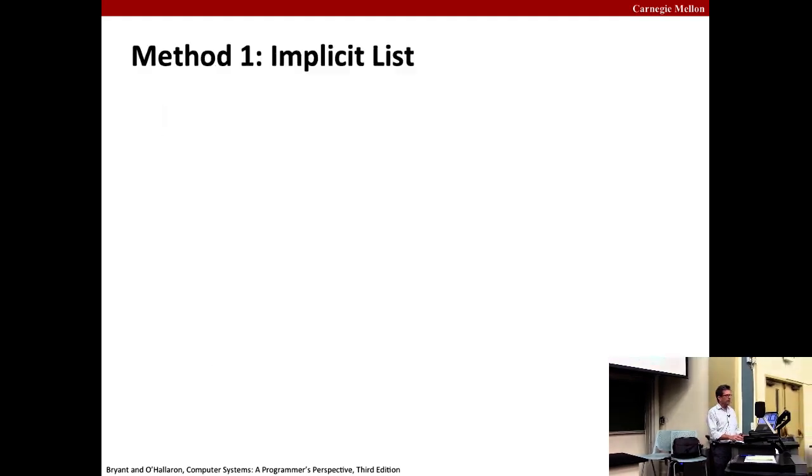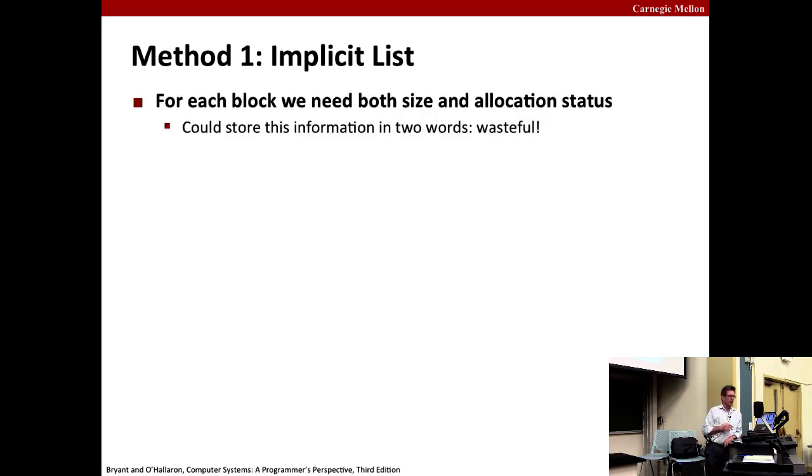All right, so let's look at how we would build implicit free lists. As you correctly pointed out, for each block, we need both size and the allocation status. Question? Why can't we just map every size class to the size system?